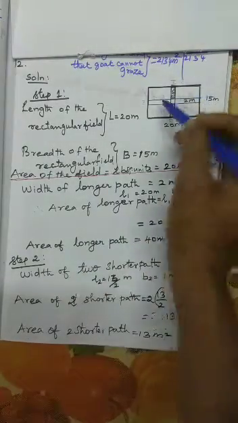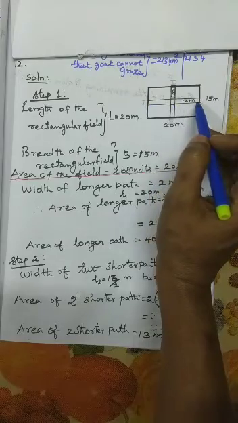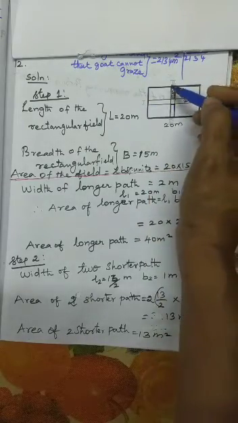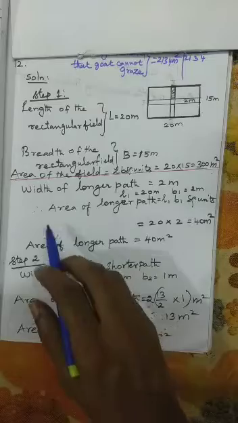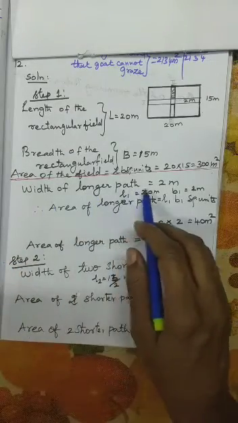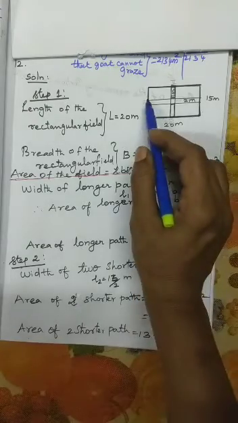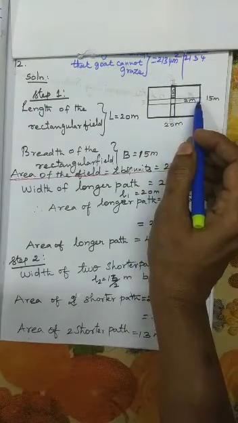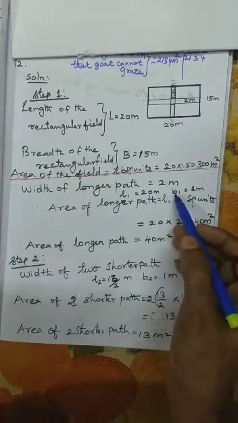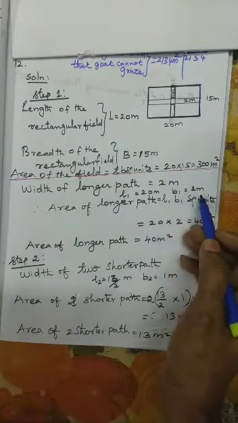Now we shall see the area of this, and then area of this and this. Now width of the longer path is equal to 2 meter. So L1 is equal to 20 meter. The longer path L is 20 meter and breadth is 2 meter. Width they are given now, so 2 meter.